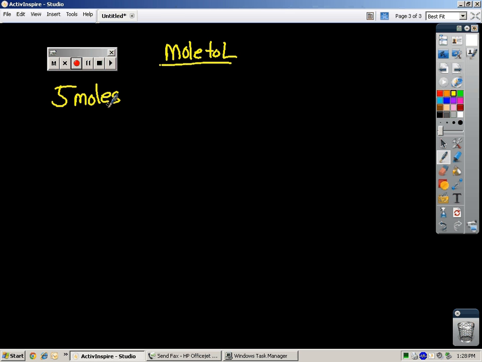Let's do methane, CH4. We're going to convert it to liters, our new volume, the new thing we need to figure out how to do. I'm going to go through the first step and then let you guys practice it from there. The first thing we always do for any problem is write down what we know. In this case, we know 5 moles of CH4.